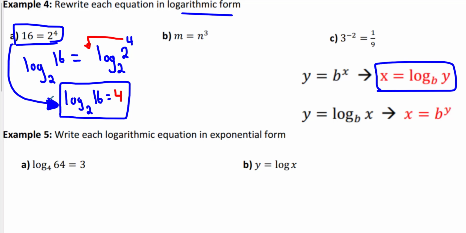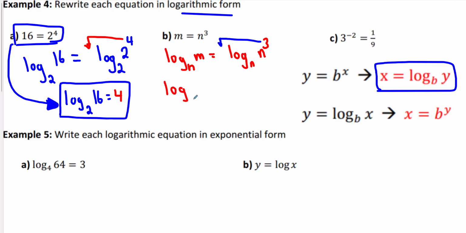Do you want me to do one more example? Okay, sure. What's my base value here? Yeah, exactly, n, because that's the thing that has an exponent. So I'm going to take log base n of both sides. And remember, whenever you have an exponent inside the log, you can take it out and write it in front.